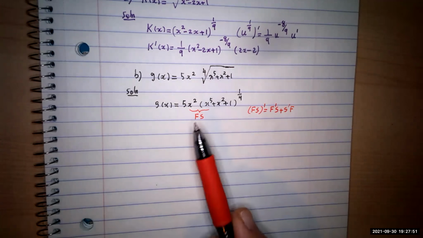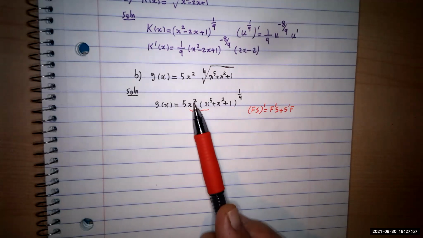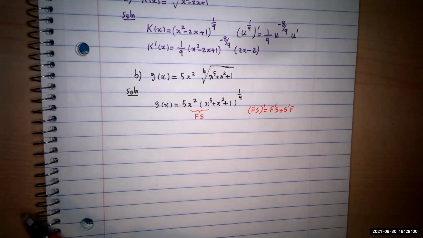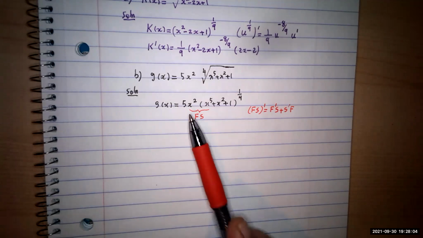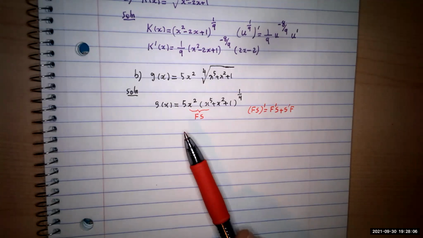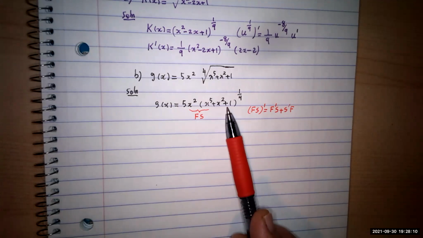But you see, derivative of the first one is easy. It's a 5x squared, so it's ordinary differentiation. That gives 2 times 5, 10, 10x. That's the derivative of the first one times the second, plus the second's derivative times the first. You see the second one is a U type.